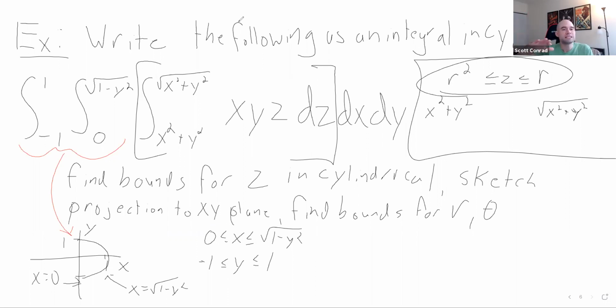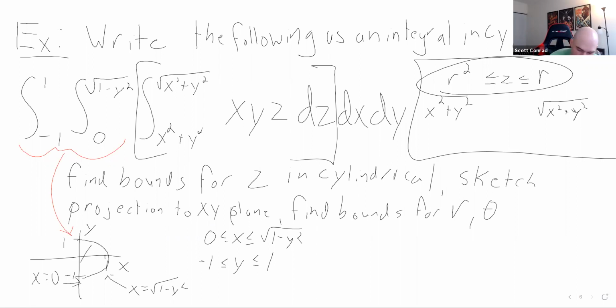But depending on what y is, we may not get the entire right half of the circle or the disk. So if y goes from, say, 0 to 1, we'd only get like this bit up here, the top half. And so which part we get depends on what happens with y. But y goes from -1 to 1.